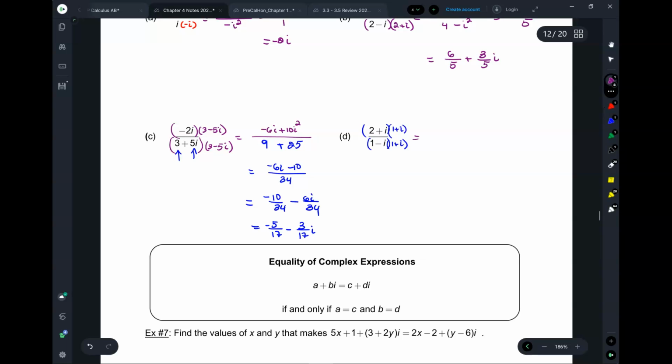So, let's do the denominator first. Square the first one, you get 1. Square the coefficient, you get how much? You get 1 again, and then you add them. Or if you get minus i squared, it'll still be positive 1. Okay? Multiply the top, 2 plus 2i plus i squared.